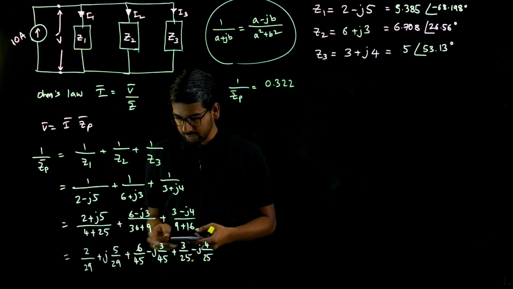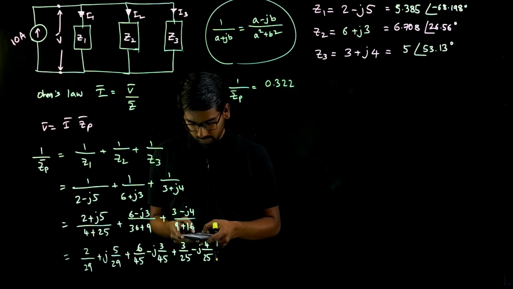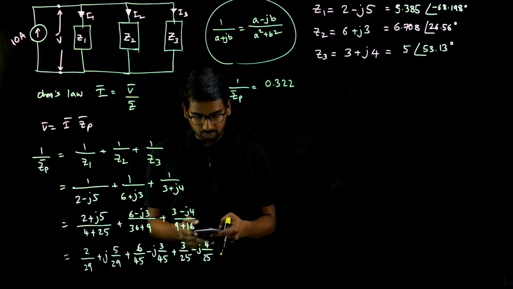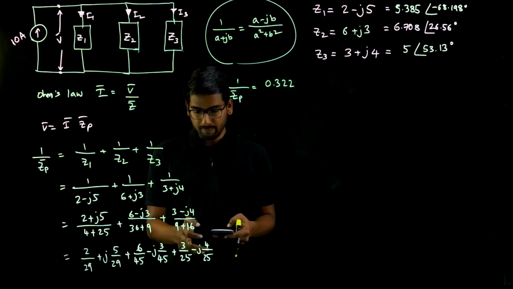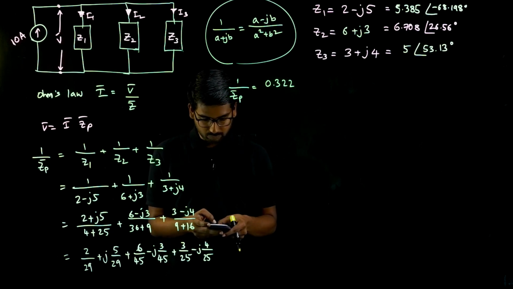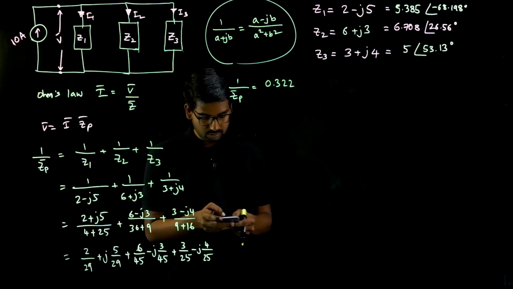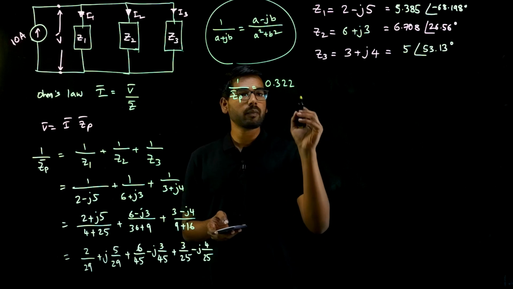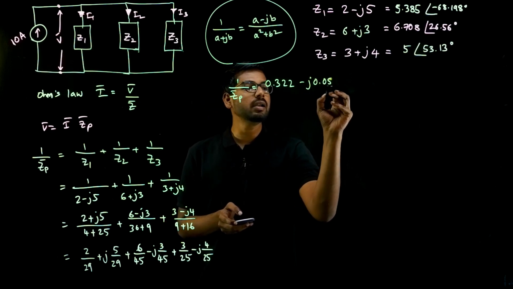So how do you add j terms? 5 by 29, ignore j, 5 by 29 minus 3 by 45 minus 4 by 25 will give us minus 0.054, minus j 0.054.